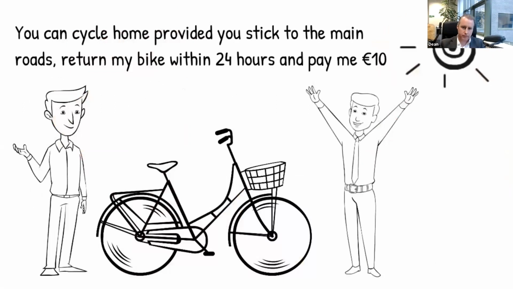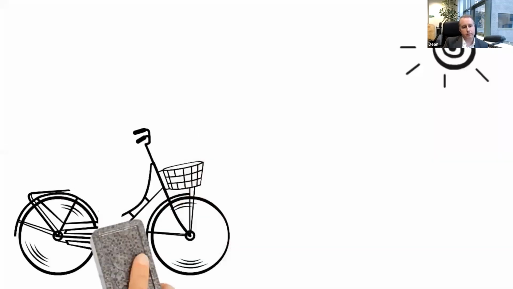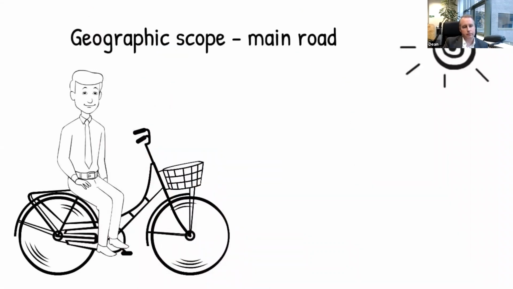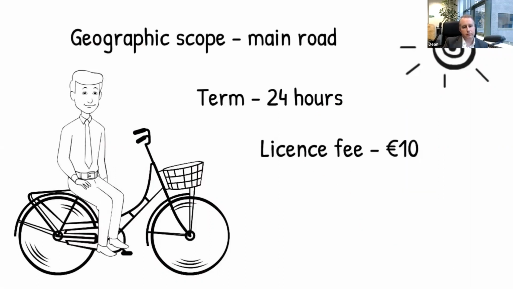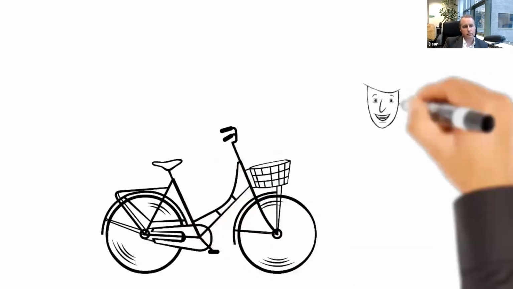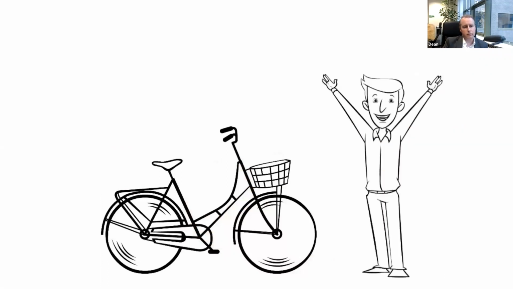What has happened here is that John has licensed Paul the use of his bike subject to certain license limitations. Geographic scope is the main road, the term is 24 hours, and the license fee is €10. And unlike in an assignment scenario, John has retained his proprietary rights in the bike while also being able to generate an income. In other words, following the term 24 hours, the bike will revert back to John.